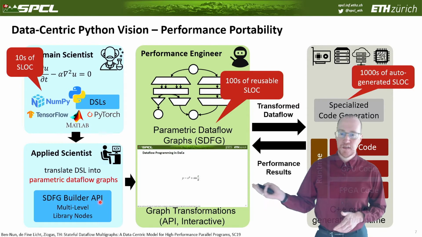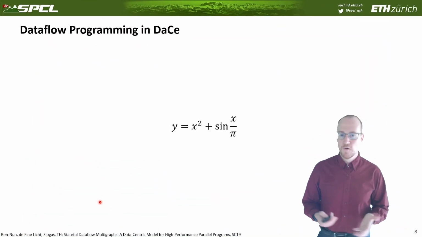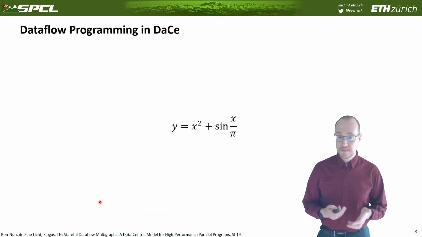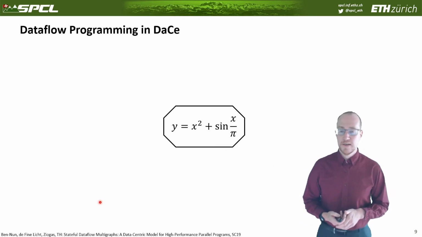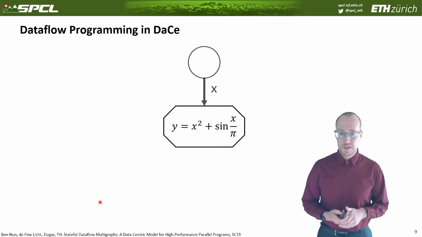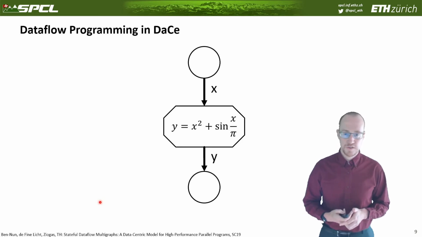So let's dive a little bit more into detail what our view, the data flow, the data-centric view really means. So here we have an equation that you would translate into code. But actually, we don't worry about that equation in our representation. We just worry about the data flow. Here you see the equation consumes a variable x and produces a variable y.